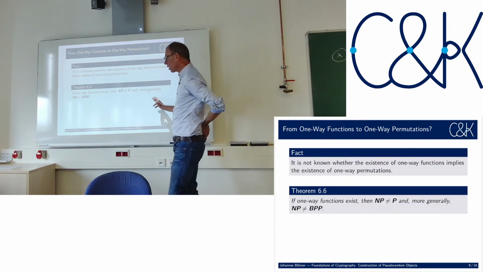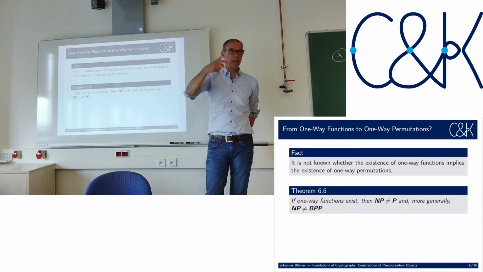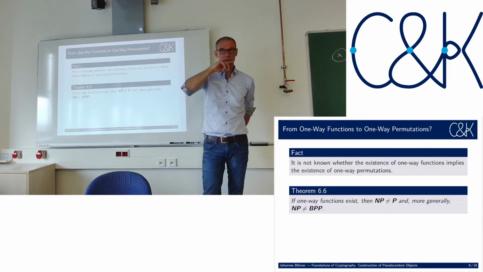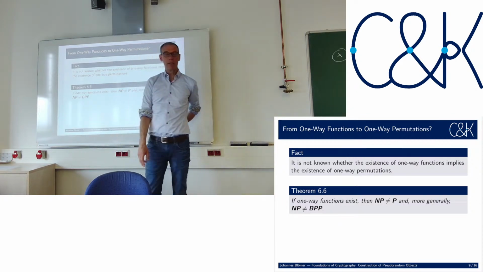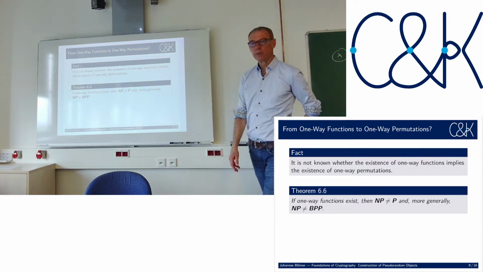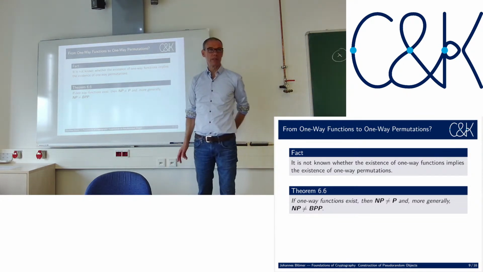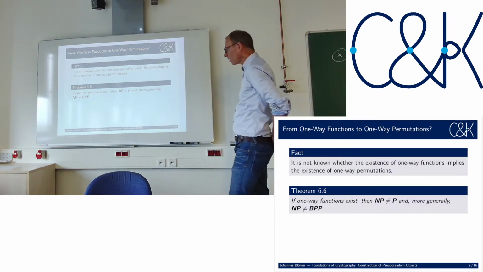More generally, P always talks about deterministic algorithms, whereas in crypto we always talk about probabilistic polynomial time algorithms. And in fact, what this really implies is that NP is not equal to a class called BPP, which is roughly P, but where we allow randomness, as we discussed in this form.